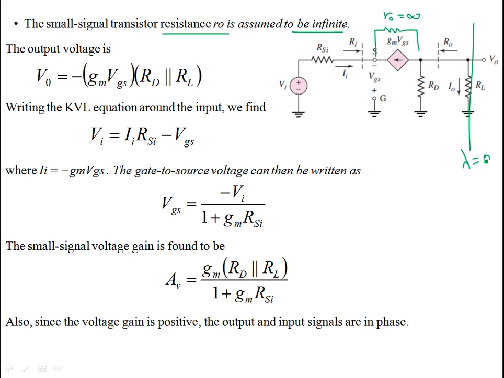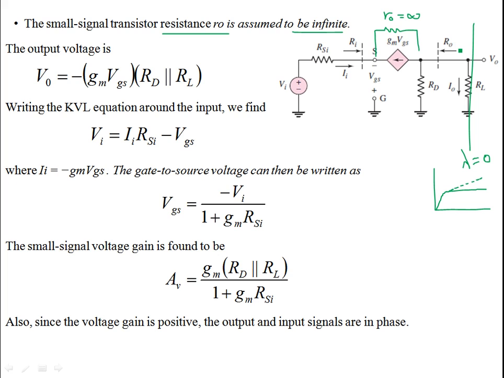So the IV characteristics are pretty much the ideal case. In saturation, the current has a flat or plateau type characteristic. There is no rising characteristic like this. So lambda is 0.